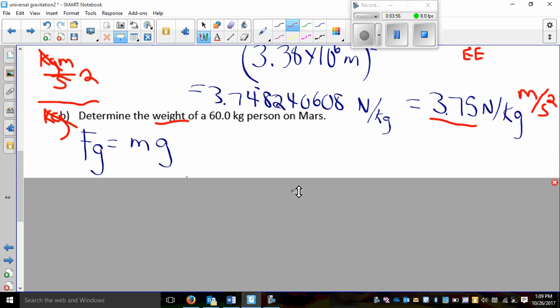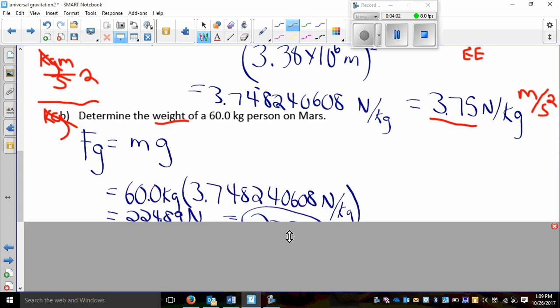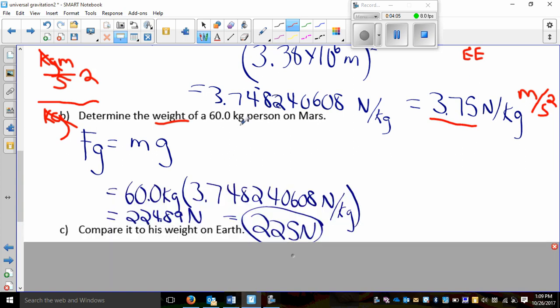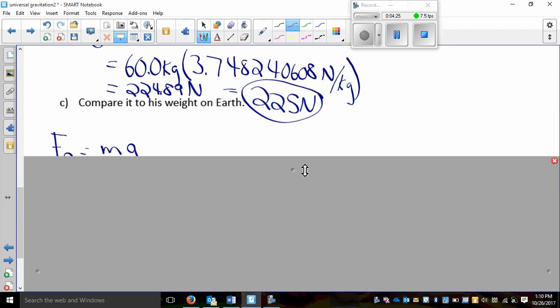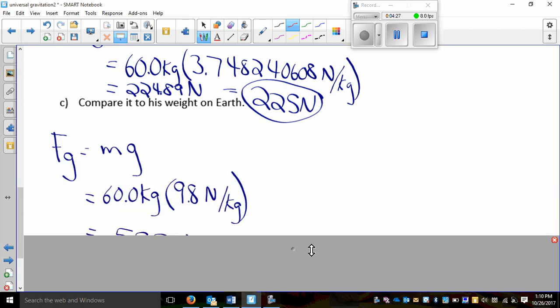We're going to times it by the rounded version, and when we go kilograms times newtons per kilogram, we're left with just newtons, and when we round that we get 225 newtons. How does that compare to his weight on Earth? Well, on Earth it should be 9.8 or 9.81 newtons per kilogram, and I got his weight to be 588 newtons. So you can see he weighs less on Mars.